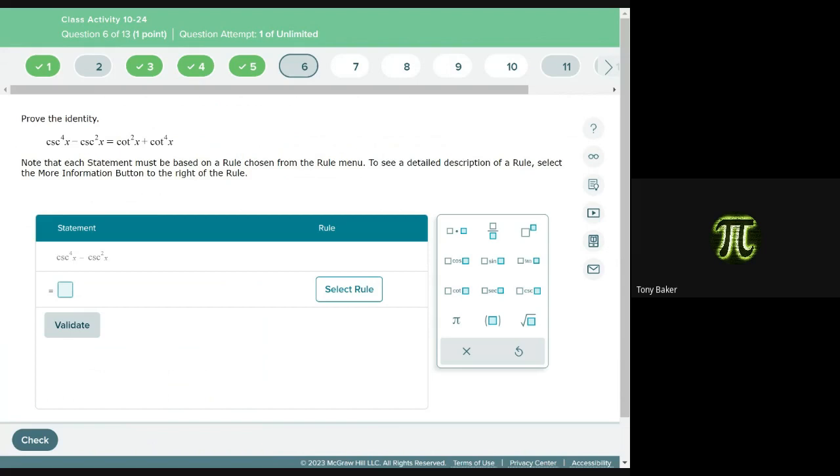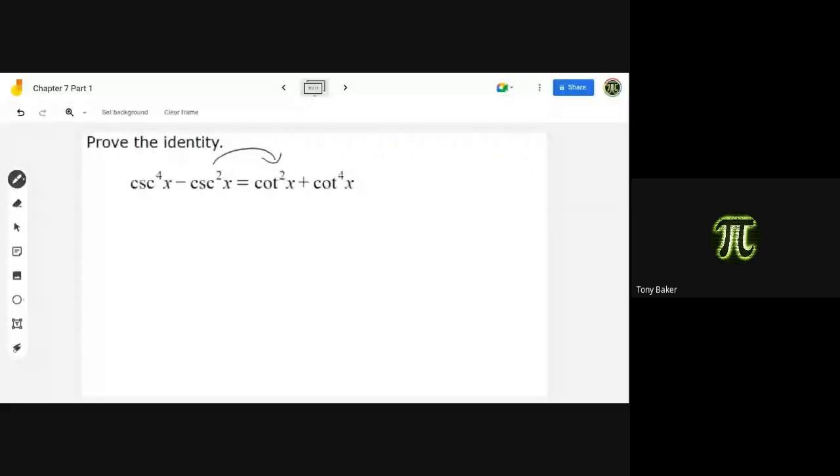Okay, so basically your goal is to go from here to there. You are not working on that side, so don't think about that side when you're doing your steps, except to know when you're done.